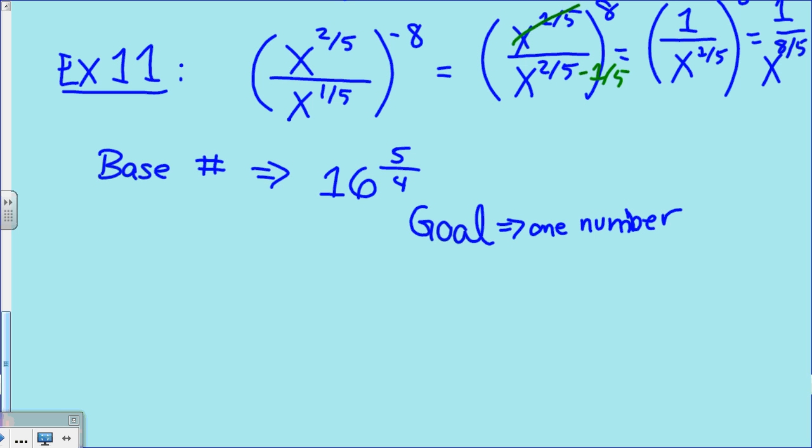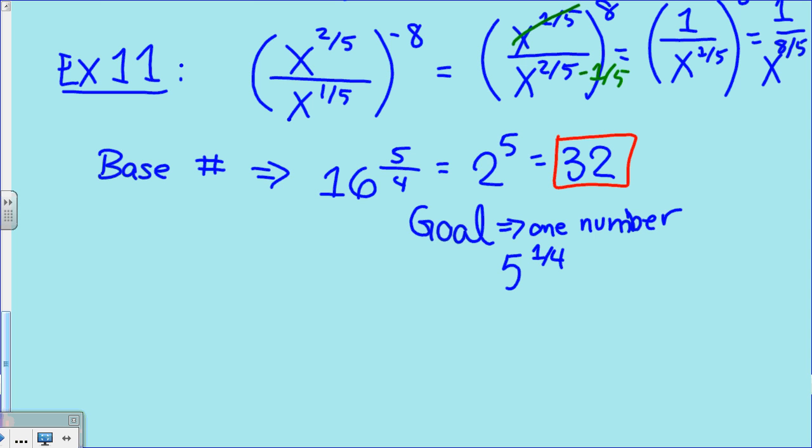Sometimes it's not possible. Like if I sent 5 to the 1/4, do you know the 4th root of 5? No, that's done. Can this one go farther? Yes. Okay, so what is the 4th root of 16? 2. Okay, so we got down to one number.